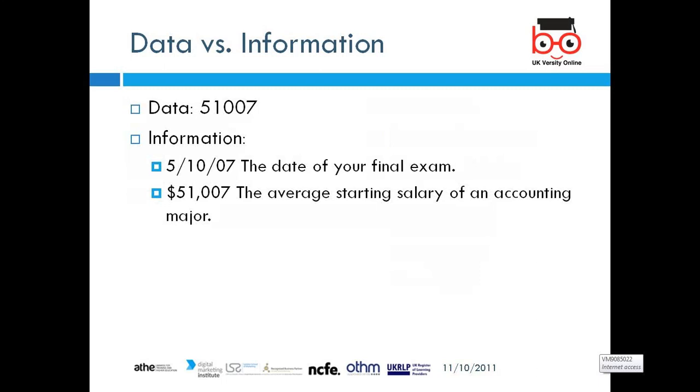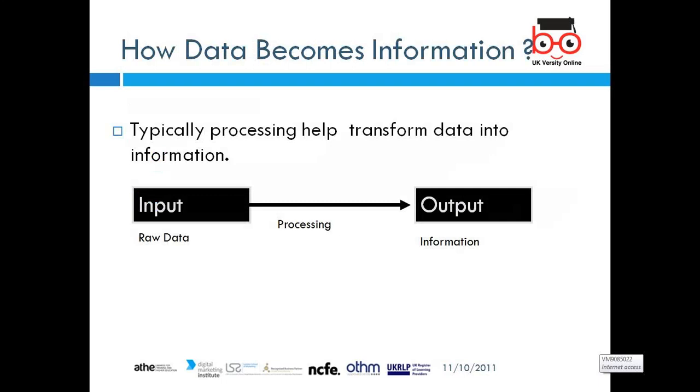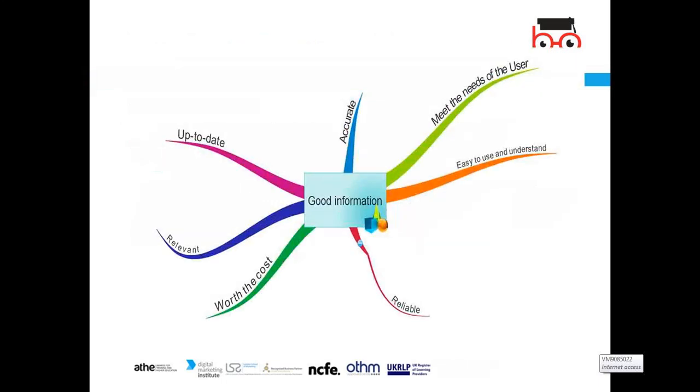If I just write 5th of the 10th of 07, it doesn't give any information about what we really want to do, only the date. This is raw information. But when we put which activity is on the particular date, what event is going to be, so input, that's the raw data. We are processing it, and the output is the information.